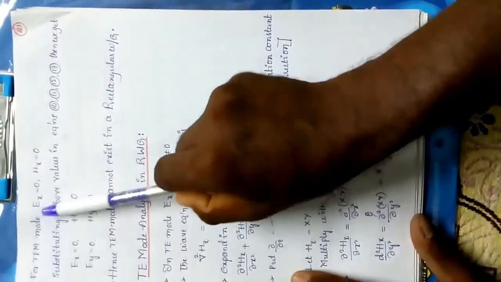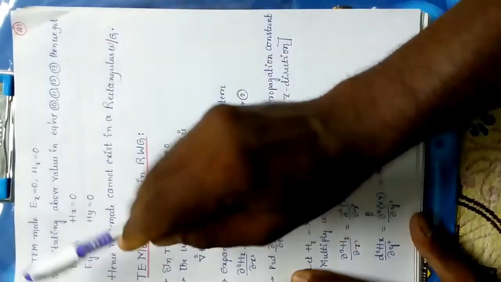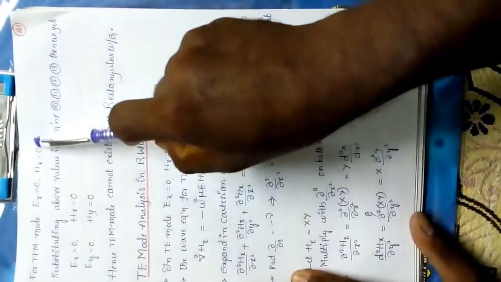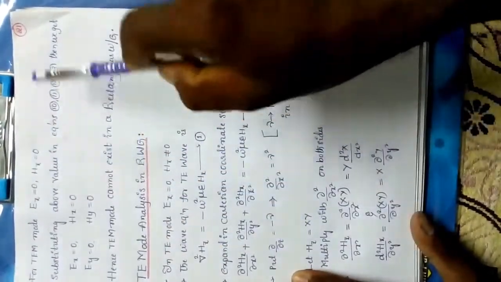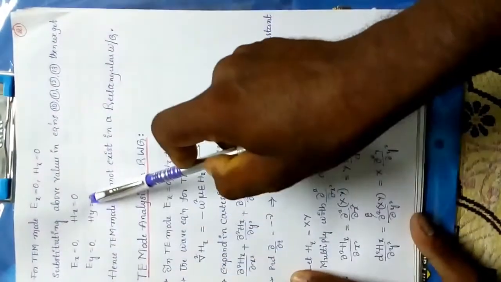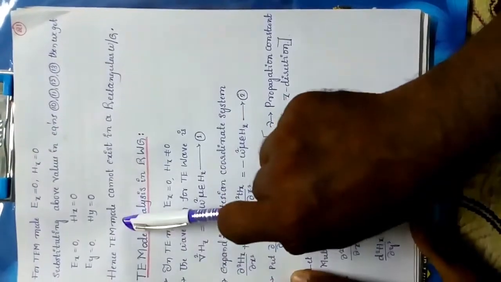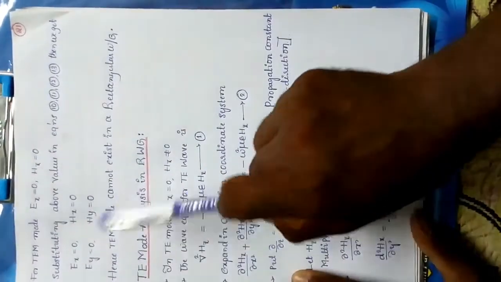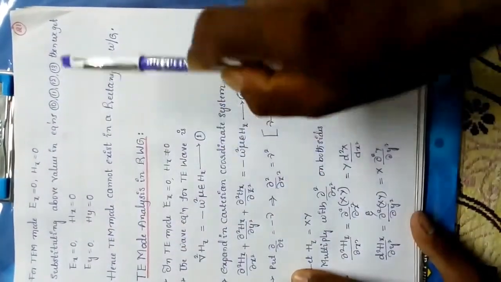Just observe what we get finally. For TEM mode, as I already said, Ez equal 0, Hz equal 0. Substituting the above values in the 10th, 11th, 12th, 13th equations, we get Ex equal 0, Hx equal 0, Ey equal 0, Hy equal 0. Hence the TEM mode cannot exist in a rectangular waveguide.